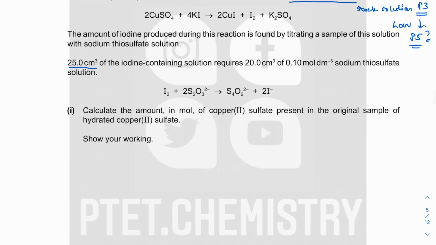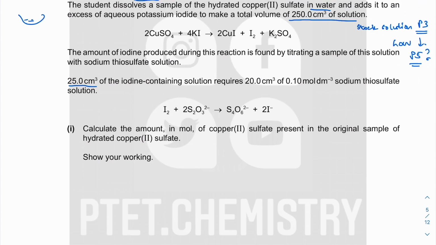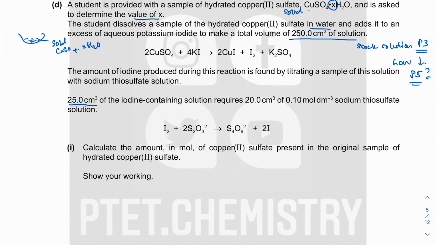Okay. So if I draw some diagram, I will have the solid CuSO4.xH2O. Okay. What do I need? They want the amount in mole of the copper 2 sulfate present in the hydrated copper 2 sulfate.